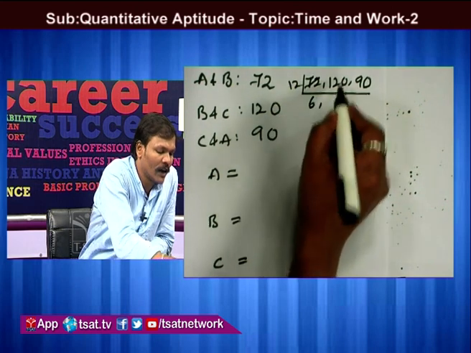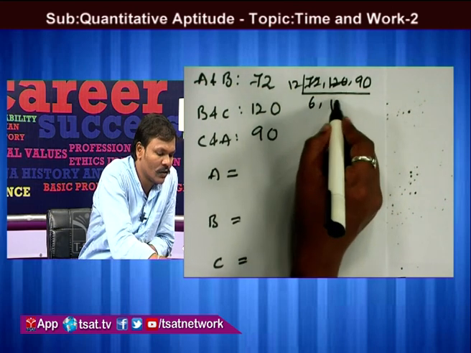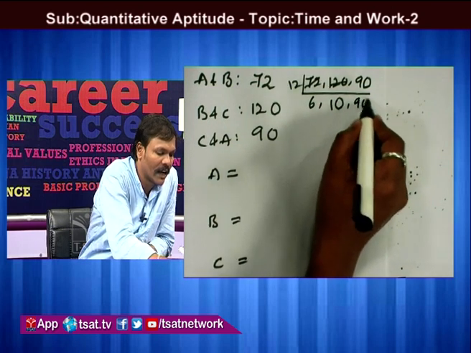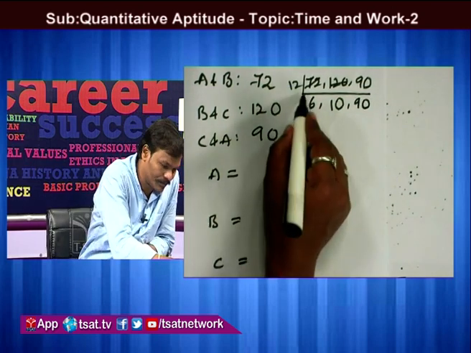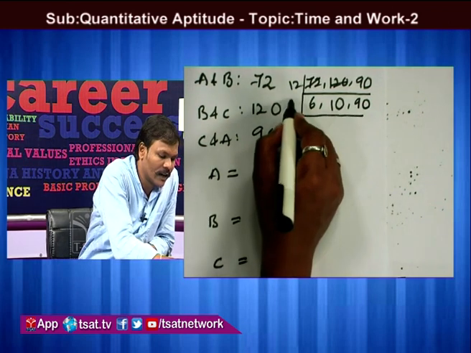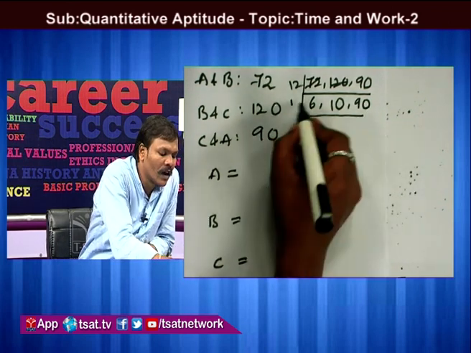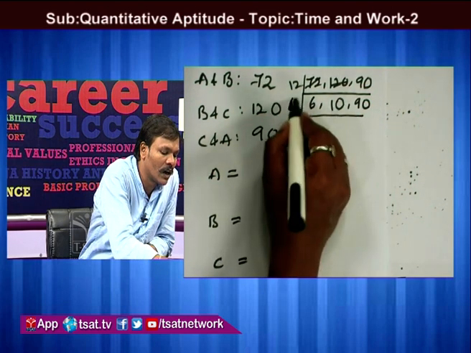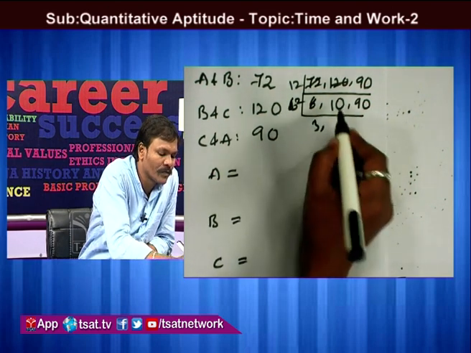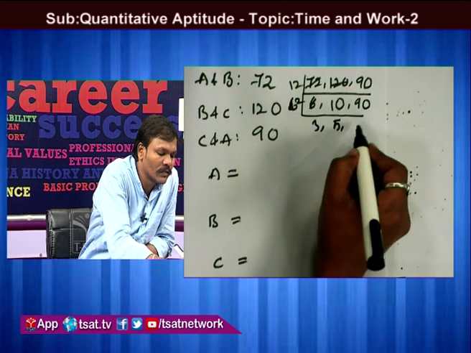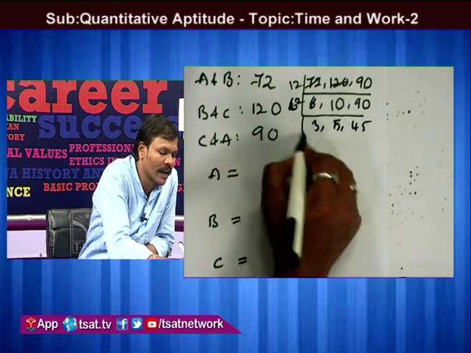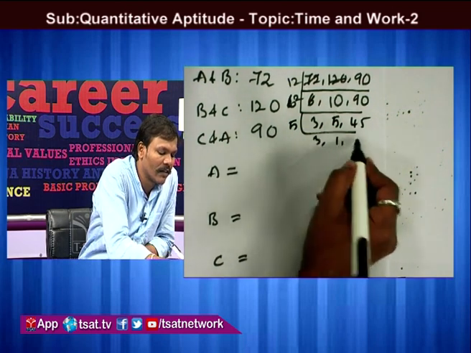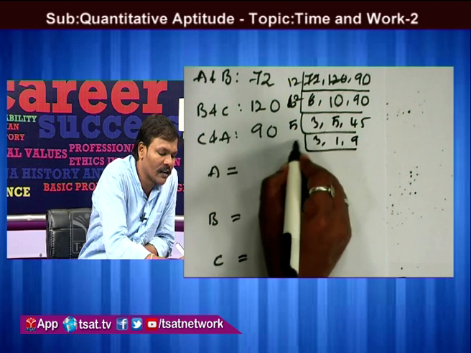12 sixes are 72, 12 tens are 120, 90 is not divisible. So, take 90 as same. Next, 2 fives, 2 threes, and take 5, 3, 3.